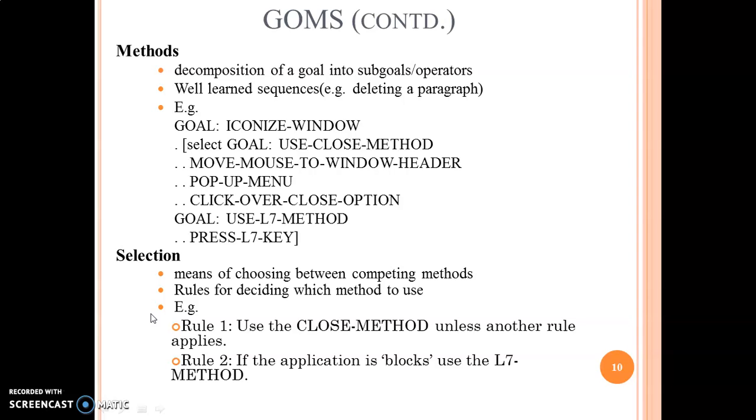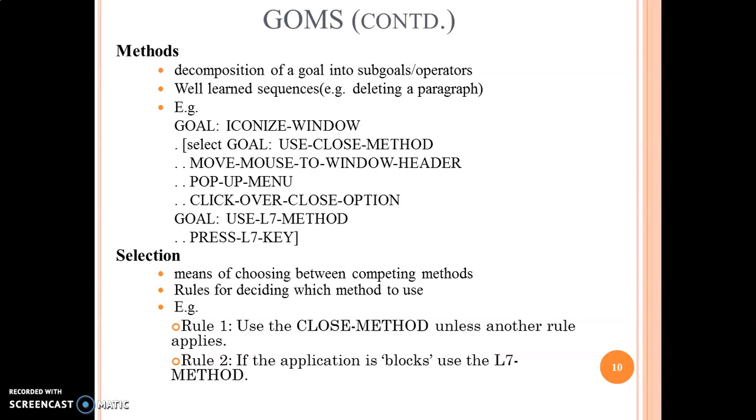What are methods in case of GOMS model? As we know, there can be several ways in which a goal can be split into sub-goals. For example, in a certain window manager, a currently selected window can be closed to an icon, either by selecting the close option from a pop-up menu or by hitting the L7 function key.